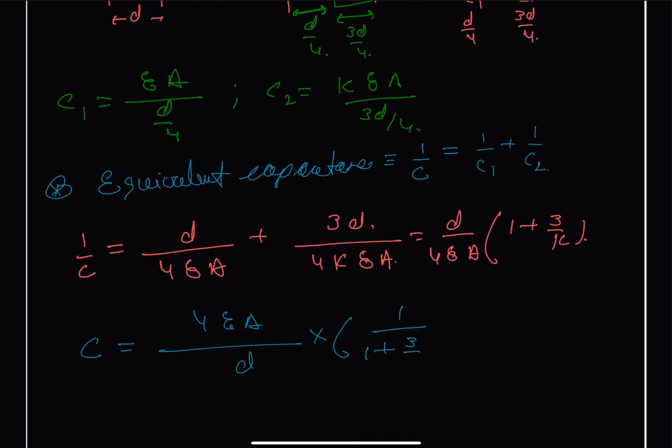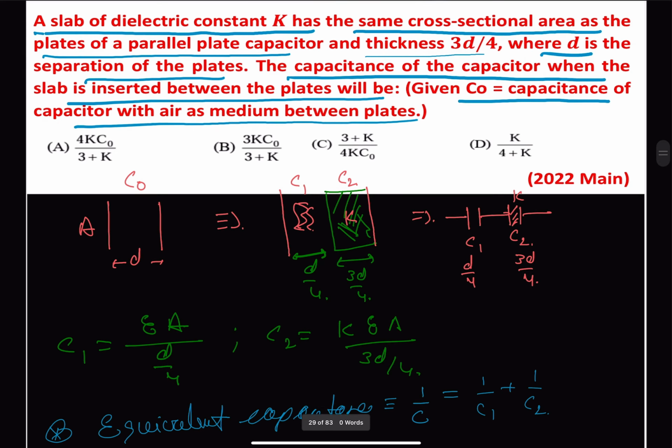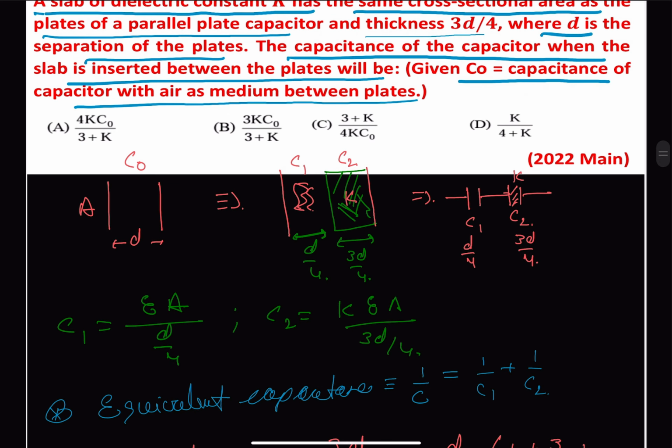But the original capacitance is given as C0, whose value is epsilon naught A by d. So this comes as 4 times C0 and 1 upon 1 plus 3 by K. And we can just take the LCM.